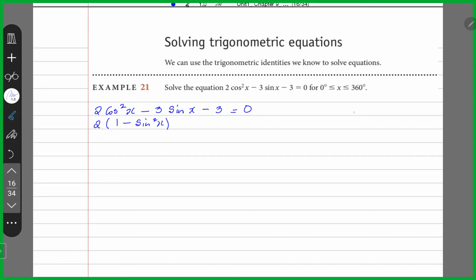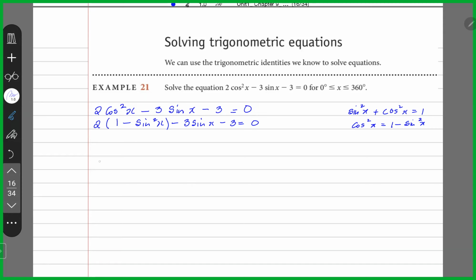That comes from the identity that sine squared x plus cos squared x is equal to 1. So I simply replace cos squared x with 1 minus sine squared x: 2 times (1 minus sine squared x) minus 3 sine x minus 3 is equal to 0.